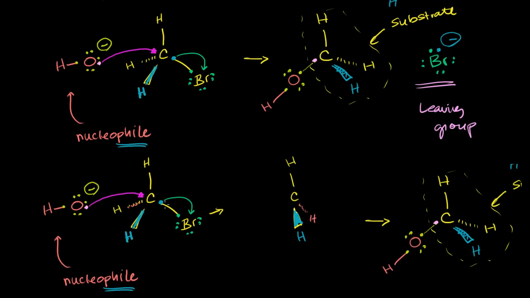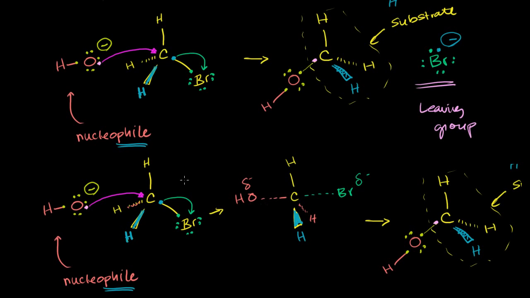And then for some small fraction of time, it is bonded to both the bromine, so I'll draw it with the dotted line, which now will have a partial negative charge because it's starting to get an electron, and it's also bonded to the hydroxide, which also has a partial negative charge. You can imagine this negative charge is now getting split between the two.